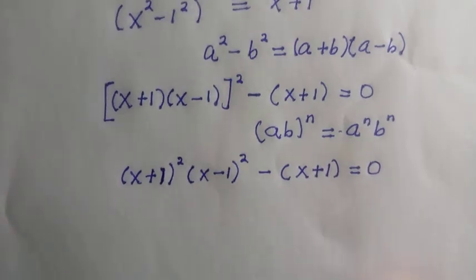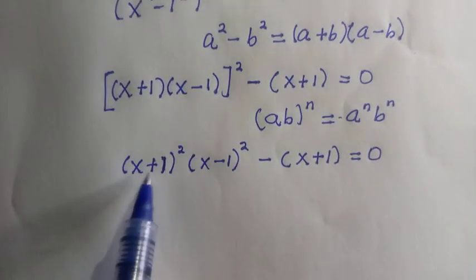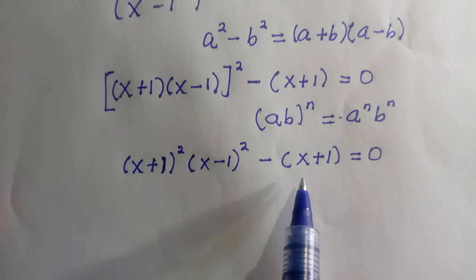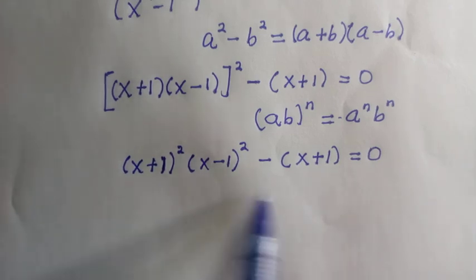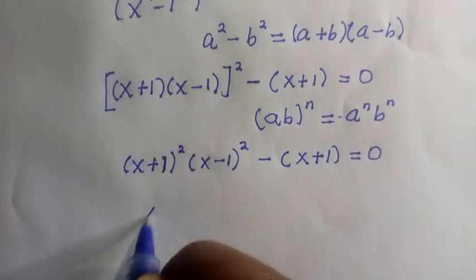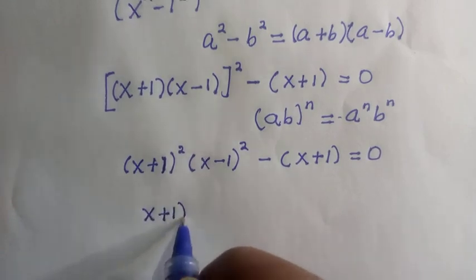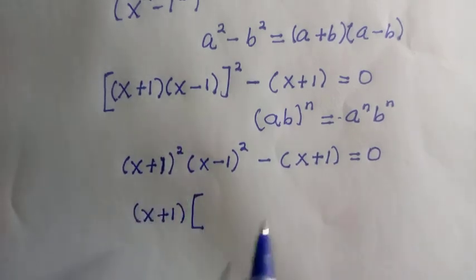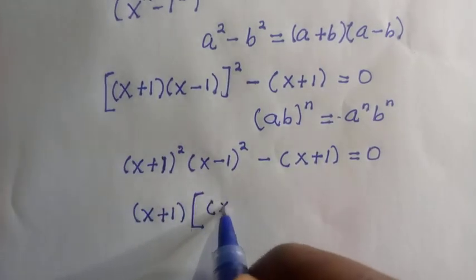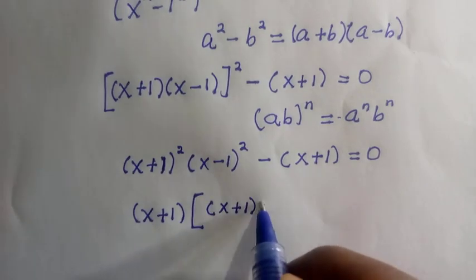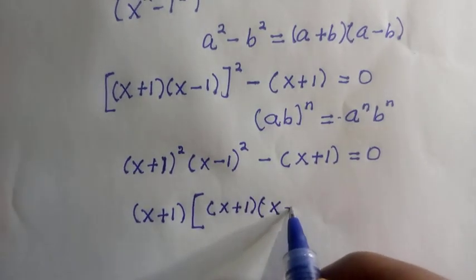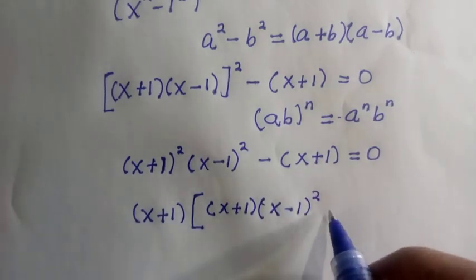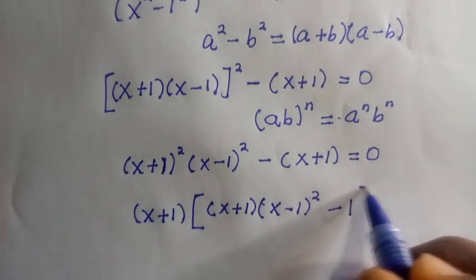And next we have x plus 1 which is twice and x plus 1 which is once. Then we factor out x plus 1. When we divide this one by x plus 1, we are left with (x plus 1)(x minus 1)^2, and with this one, we are left with minus 1.